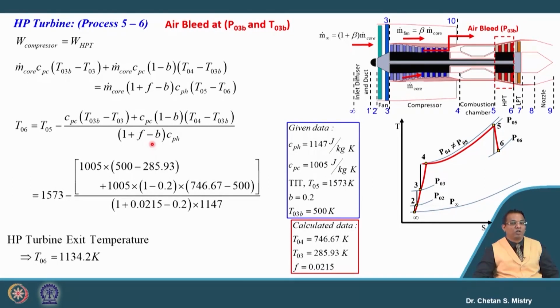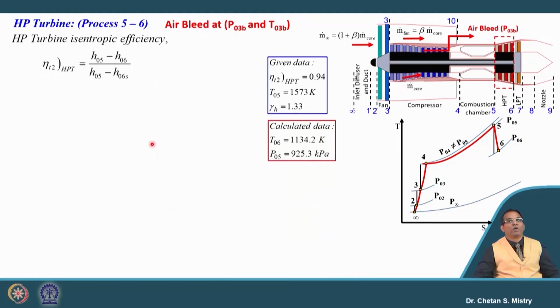I am sure you have understood what we mean by bleeding of air, because we discussed this in the last lecture. Now, let us move towards calculation of the exit pressure from the HP turbine. We know our turbine efficiency.